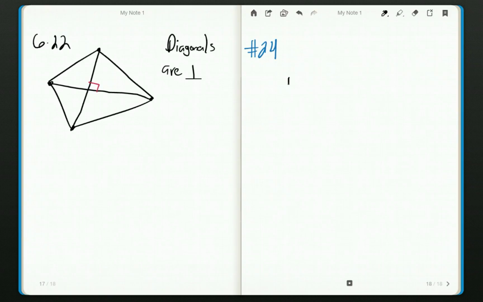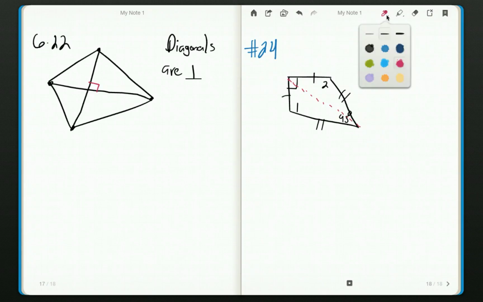So we draw the figure. It's a kite that looks like this. This is 90 degrees. It's a kite, so we know that this is the case. And these are our numbered angles that they're hoping to have us figure out. For this one, it's a little tricky because knowing that diagonals are perpendicular doesn't really help out all that much. But one of the things you can do is look at the following.